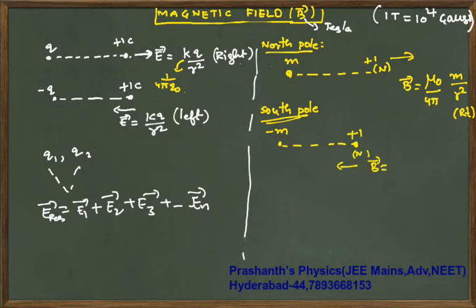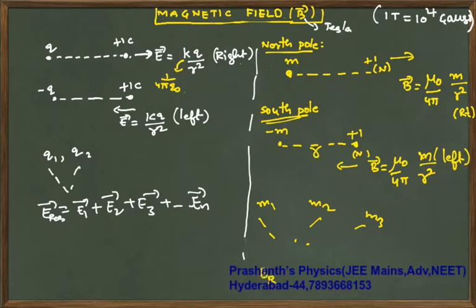So your magnetic field is mu naught by 4 pi into m by r square. Direction is towards left. When there are many poles m1, m2, m3 like this, the principle of superposition says your resultant magnetic field is B1 plus B2 plus B3 plus so on up to Bn.